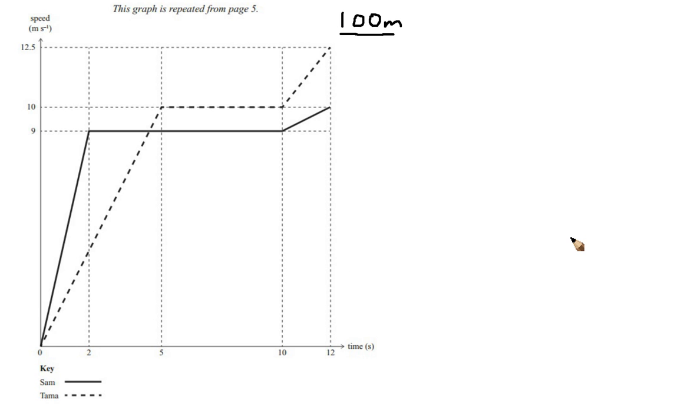So this is a little bit tricky, but what we've got to do is work out the total area under each graph. So for Sam, the distance he's travelled after 12 seconds is the total area under his graph. So for Sam, we do that by splitting it into sections.